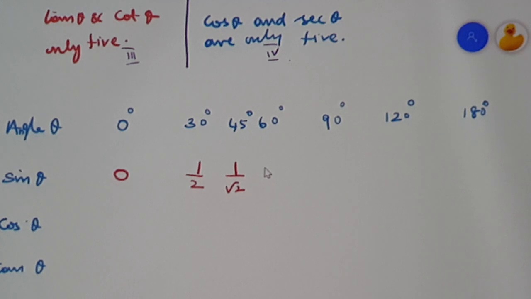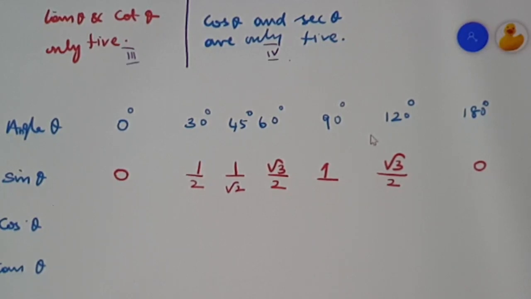Sine 60 is root 3 divided by 2. Sine 90 is 1. Sine 120 is again root 3 divided by 2. Then sine 180 is 0. Again, sine 60 and sine 120 are the same.